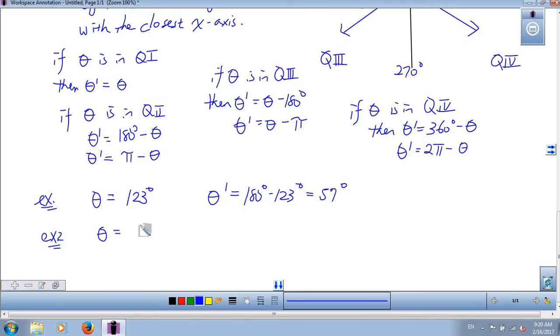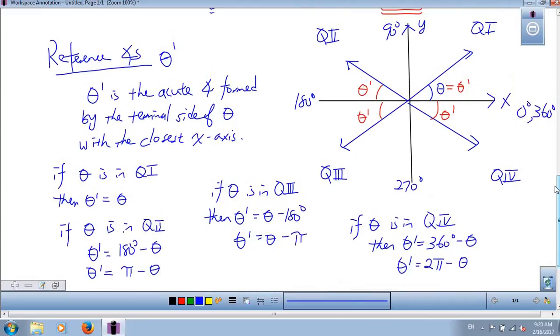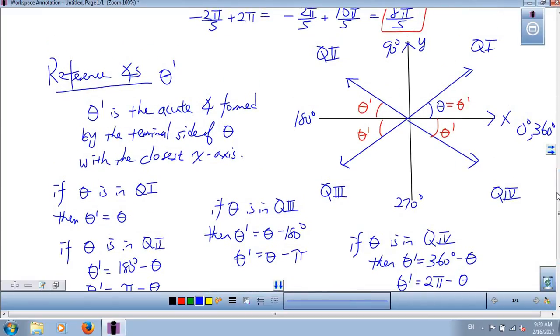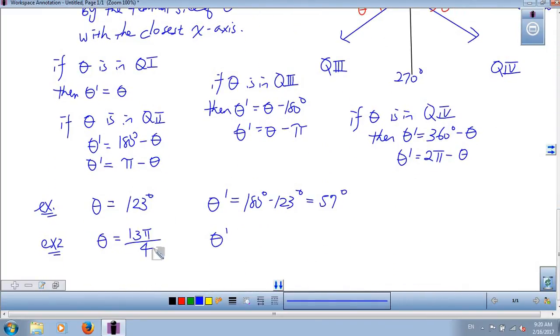Let's say theta equals 13 pi over 4. So 13 pi over 4 is in which quadrant? That's a good question. Well, 8 pi over 4 is 2 pi, so it's greater than 2 pi.